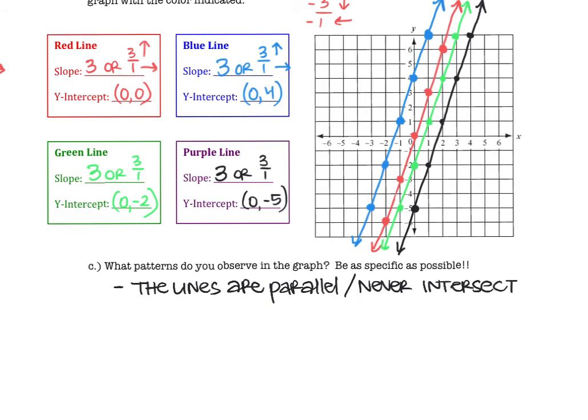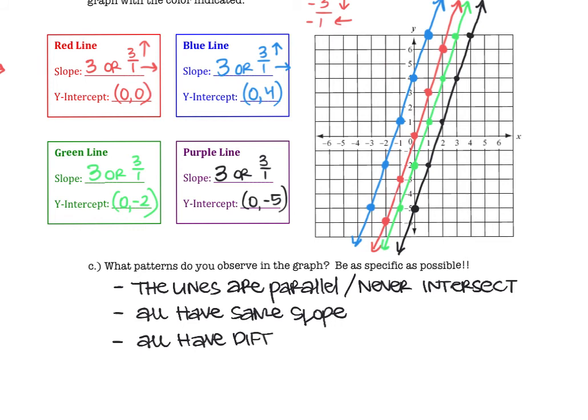Okay. I also notice they all have the same slope. Okay, I can also say they all have different y-intercepts because I want to be as specific as I can here.